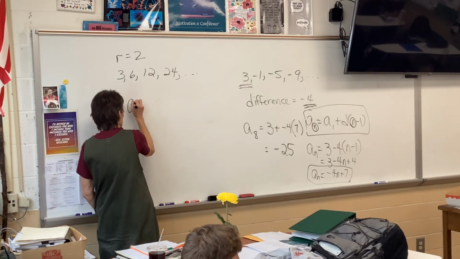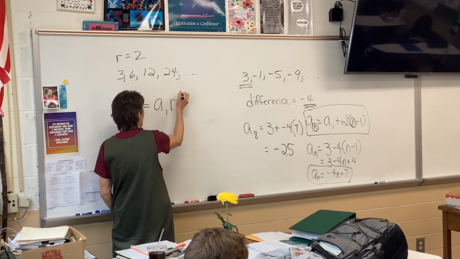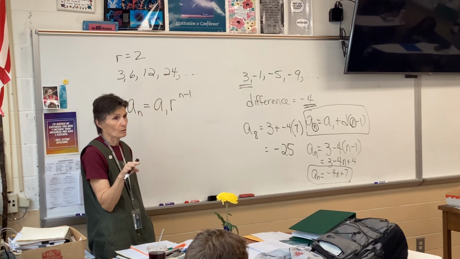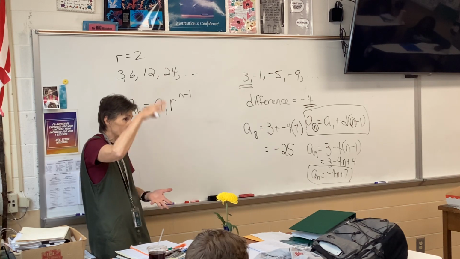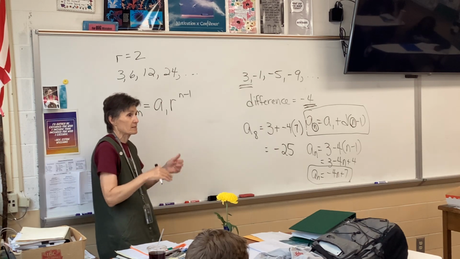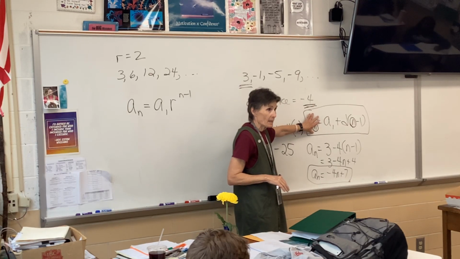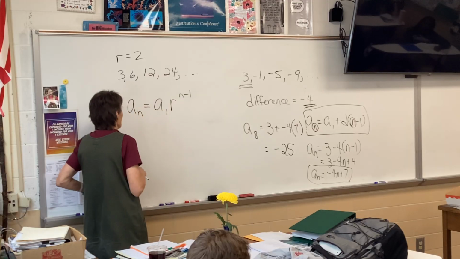What is our geometric formula? Anybody remember? A1 r to the n minus 1. Yep. Now remember, I told you you didn't have to memorize these, and you don't. But when you see a list of formulas, and we're gonna add to this list, you have to know, okay, this is my arithmetic A sub n formula, this is my geometric. All right?